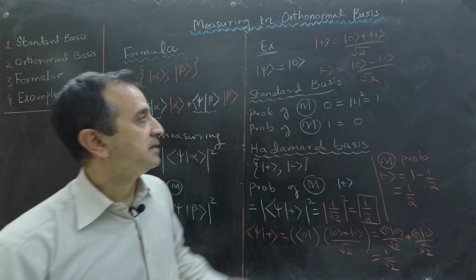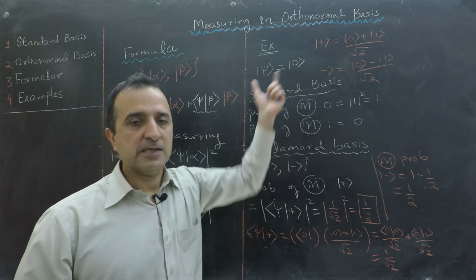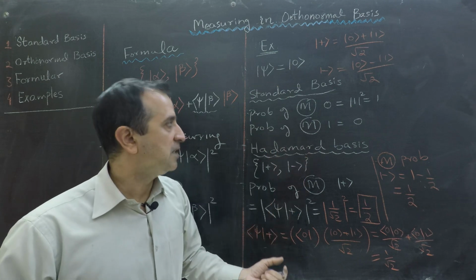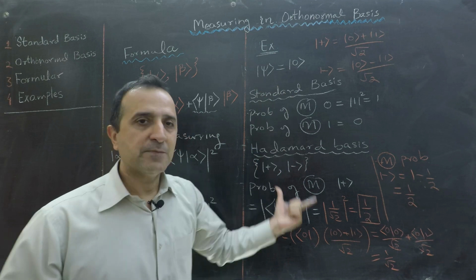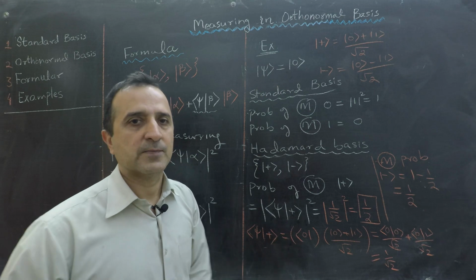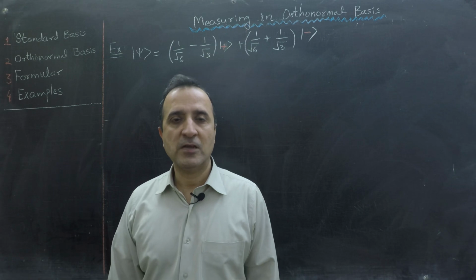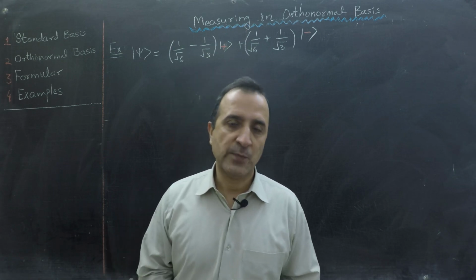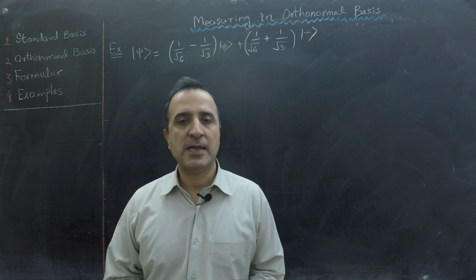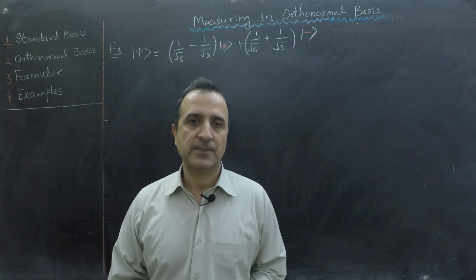So you can see that the result of measuring ket psi in the standard basis is much different compared to the result of measuring ket psi in the Hadamard basis. Let's do another example to make it even more clear. Here is our second example. In this example, we are given a qubit which is already expressed in the Hadamard basis, but we are asked to measure this qubit in the Hadamard basis as well as in the standard basis. So let's start.